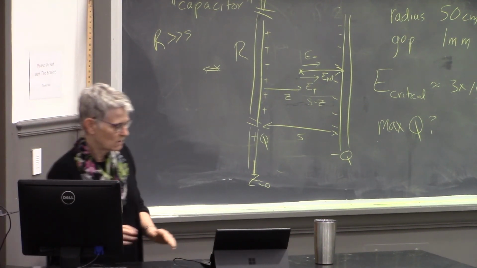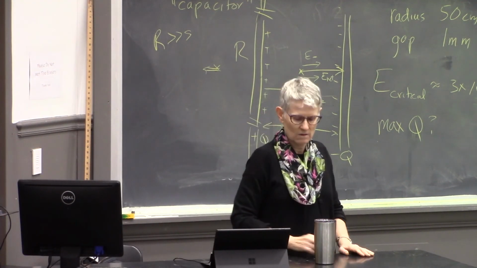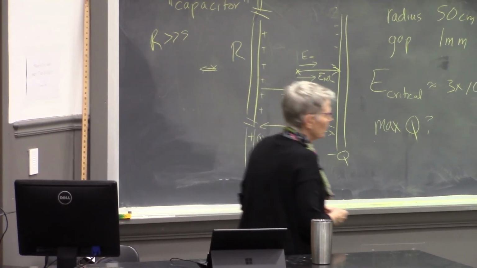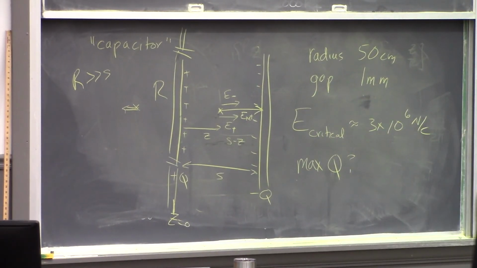Yes? Oh, if you go far enough from a capacitor, does it look like a dipole? It definitely has some dipole character, doesn't it? Because it's got these equal and opposite positive and negative charges.